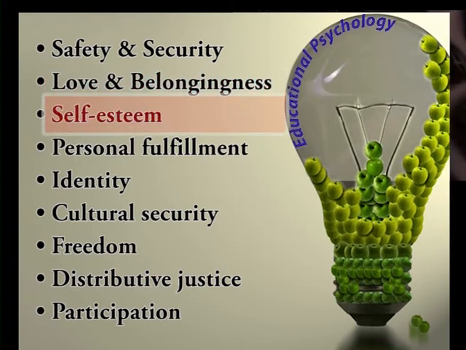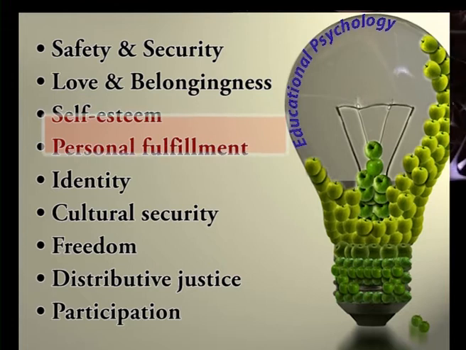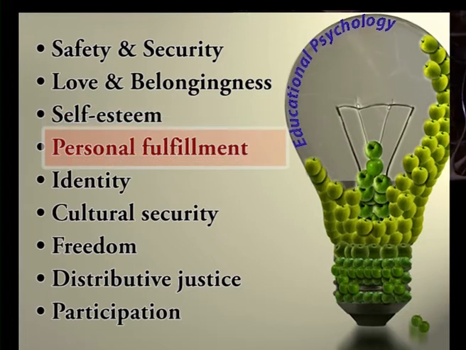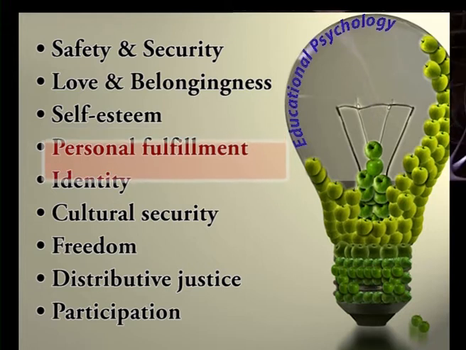Self-esteem is the need to be recognized by oneself and others as strong, competent, and capable. It also includes the need to know that one has some effect on her or his environment. Personal fulfillment is the need to reach one's potential in all areas of life.